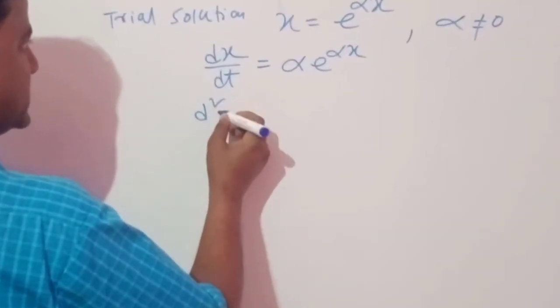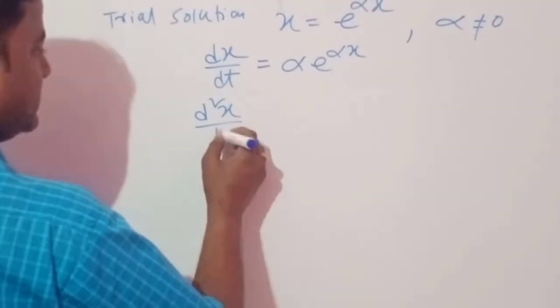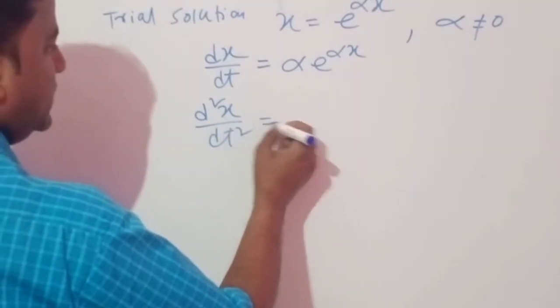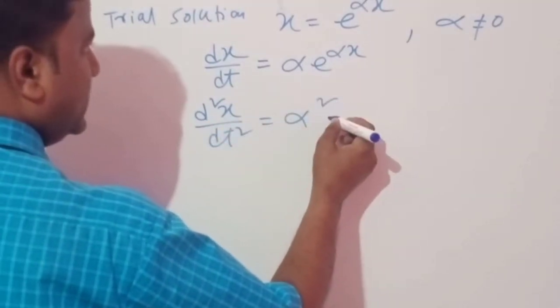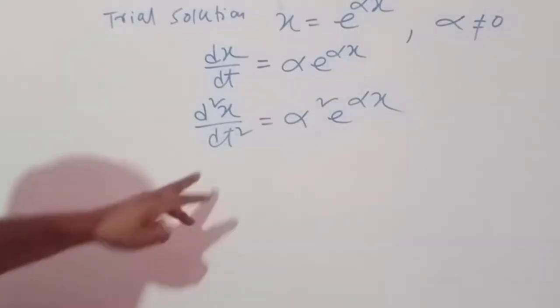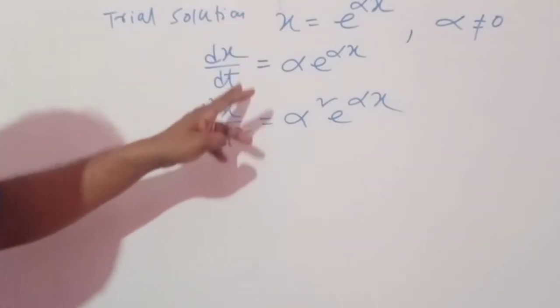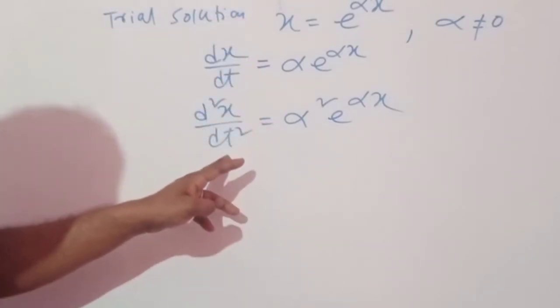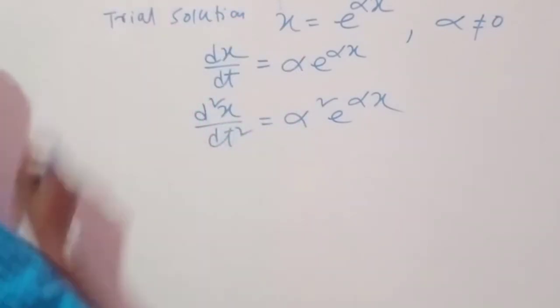Again differentiate, then we get d square x by dt square equal to alpha square e to the power alpha t.